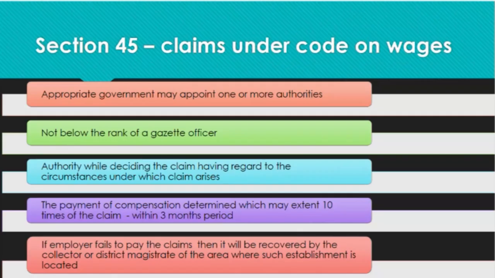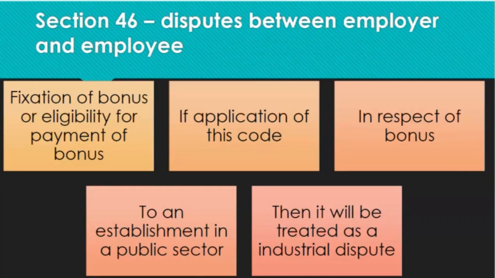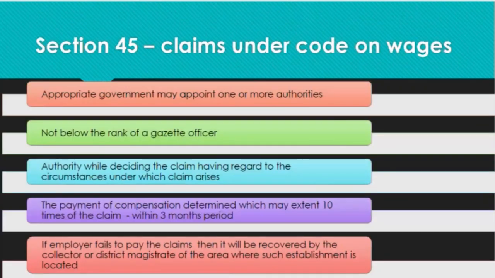And if the employer has not acted properly, they have not deposited the money with the government, for example PF and pension are there and they did not deposit it, or did not give bonus regularly, then they can even impose a compensation, or if there is an accident that has happened in the premises which has not been compensated by the employer. In all these cases, the payment of compensation determined may extend to 10 times the claim.